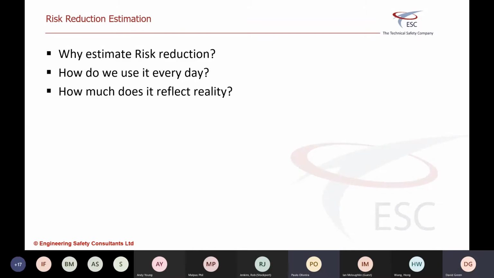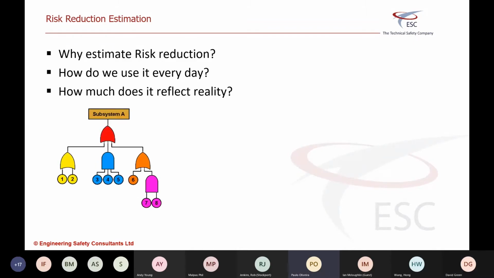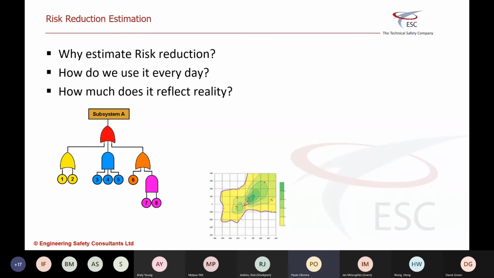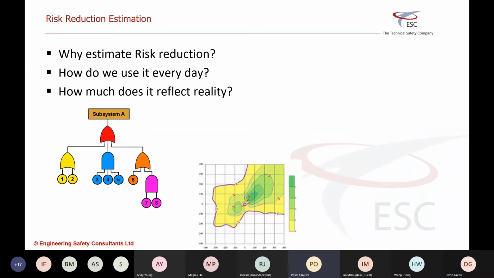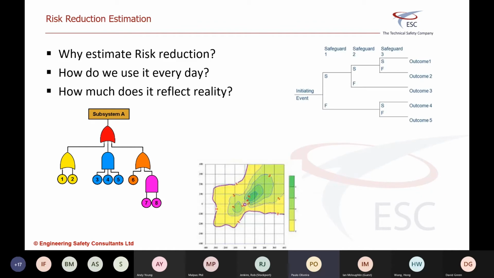We've all come across the techniques to do this. You've seen fault tree analysis, hopefully. It can be quantitative, it can be qualitative, just with logic relations. You've seen models that look at dispersion of substances, whether they're toxic or flammable or not, or could be dispersion for understanding of other things. And you've probably seen event trees.